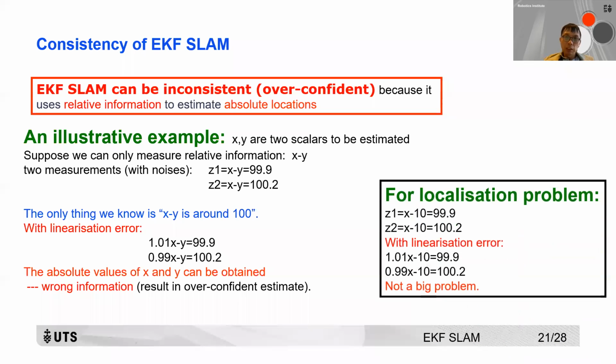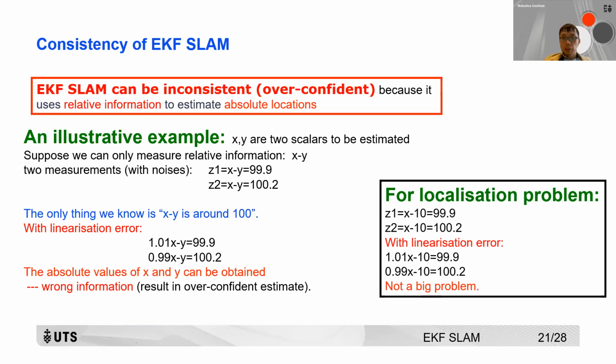In the 1D case, the measurement is like x minus 10 is 99.9, and the second measurement, x minus 10 is 100.2. And suppose there's some linearization error: 1.01x minus 10, 0.99x minus 10. We get two equations like this.